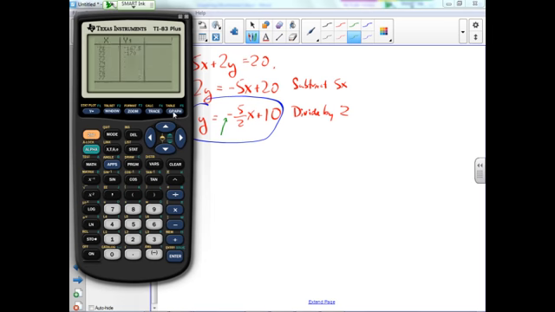Now, I don't know where my table's at. It's on 71. Gosh. So, second table set. Let's just take it back down to 0. And now let's look at the table again. Alright. Let's see. When x equals 0, y equals 10. We sure want that point, wouldn't we? And I usually try to get a negative. So here's the points I'd pick out.